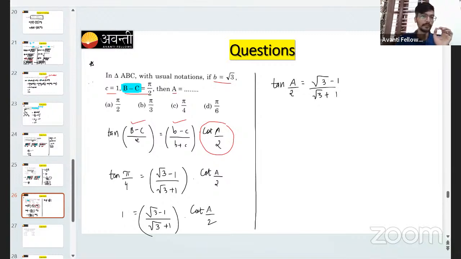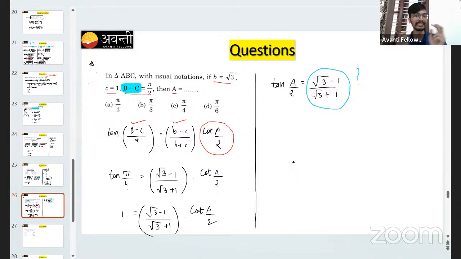Now comes the important part. See carefully. If I want to find angle A, I basically need to know the value of this. Now, if you remember, in trigonometry, apart from standard angles like 30, 45, 60, 90, whose values we know by heart, after some time we also know some other standard angles, like 15 degree and 75 degree.